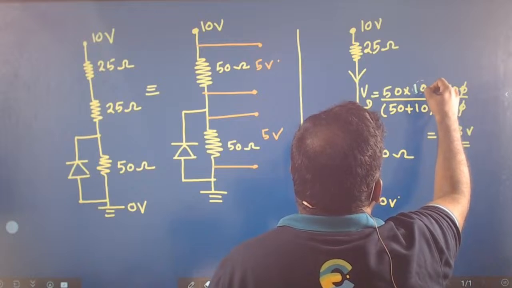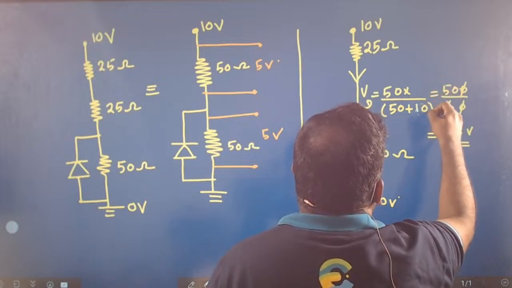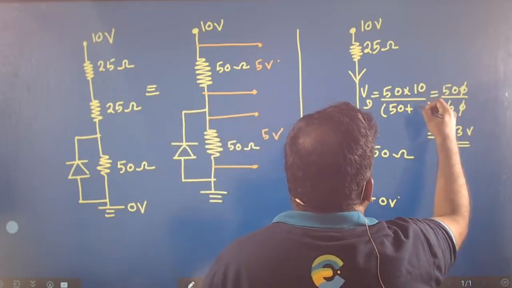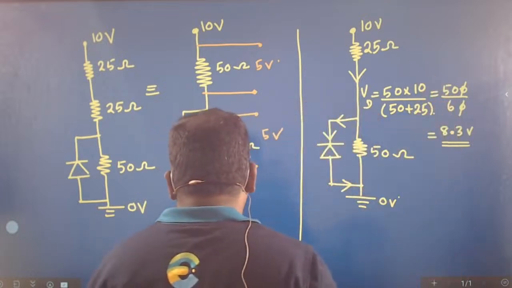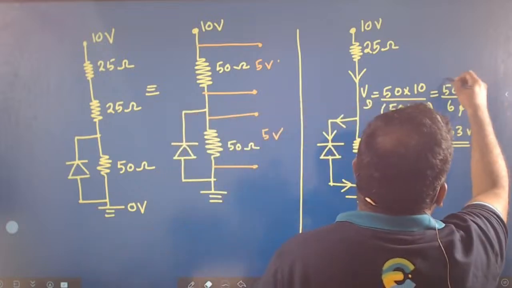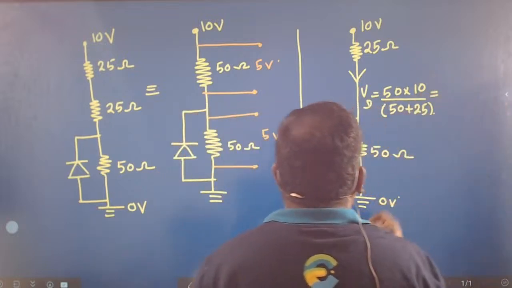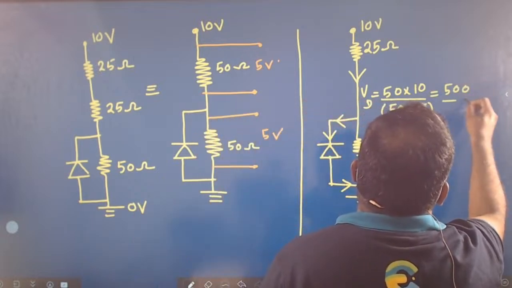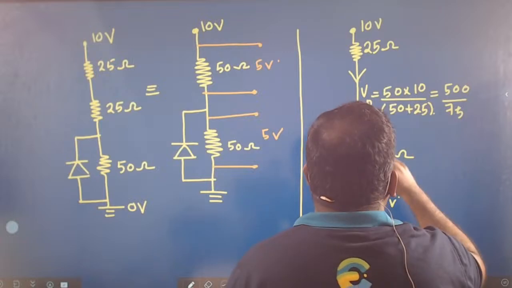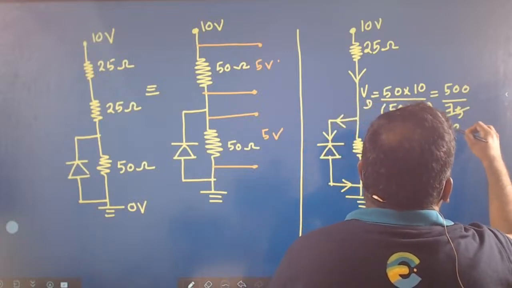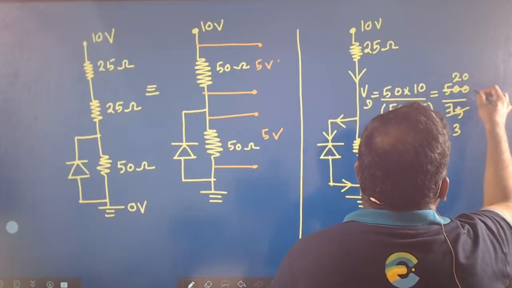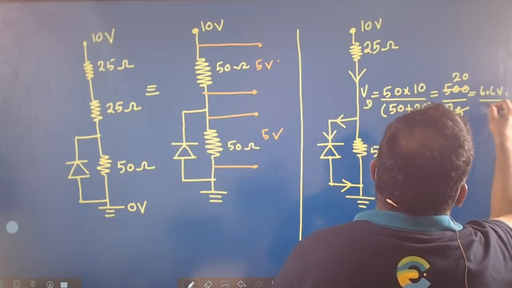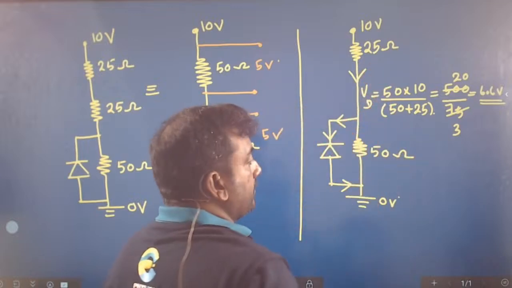Here resistance is not 10, it's 25. So correct it here: 500 divided by 75, here 25, here 50. 25 times 3, 25 times 2, 0. 6.6 volt. Breakdown occurred, current will go like that.